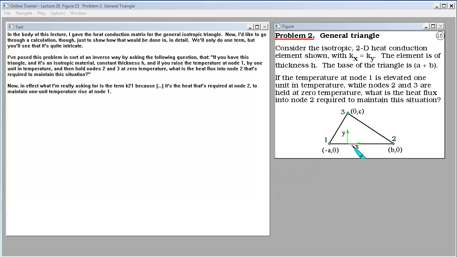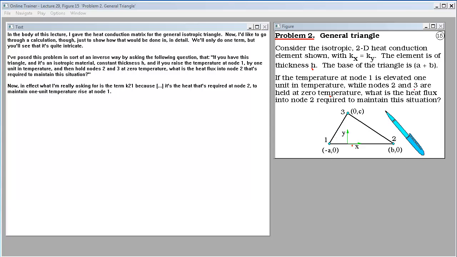I've posed this problem in an inverse way by asking the following question: if you have this triangle and it's an isotropic material, constant thickness H, and you raise the temperature at node 1 by 1 unit and then hold nodes 2 and 3 at 0 temperature, what is the heat flux into node 2 that's required to maintain this situation?